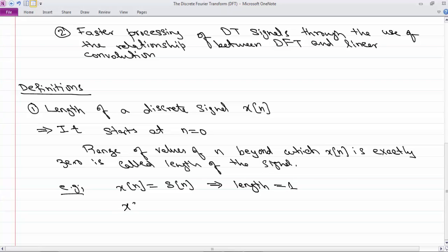I could have x[n] equal to u[n] minus u[n minus 4]. So it goes from 0, 1, 2 up to 3. In that case, the length is 4. It's all ones for the first 4 values, then it becomes 0 all the time.